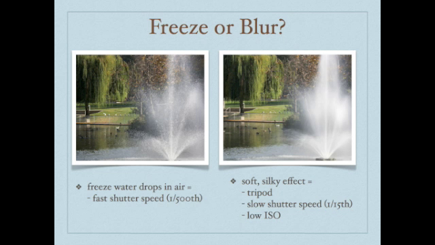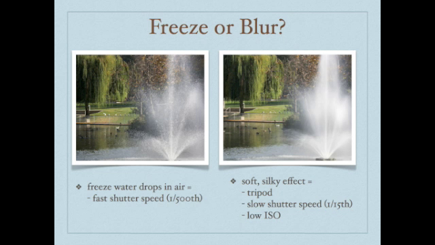So I went with a very fast shutter speed, 1/500th of a second. Now in the second shot, I went for more of that soft, silky effect. Now I did need to use a tripod because I was using a slower shutter speed of 1/115th of a second, and that means my shutter was open for a really long time.